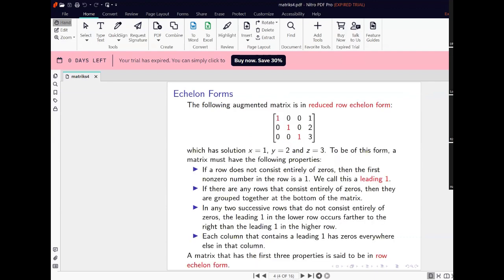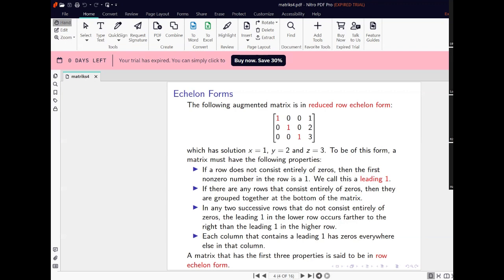Okay, that augmented matrix, you have to transform it into the row reduced echelon form. To find the solution, to find the x, you have to transform the augmented matrix into the row reduced echelon form.